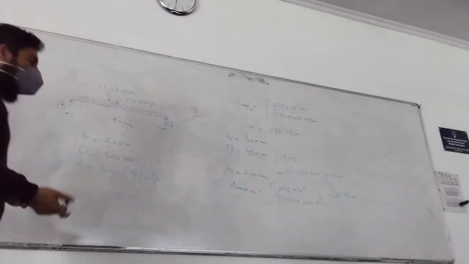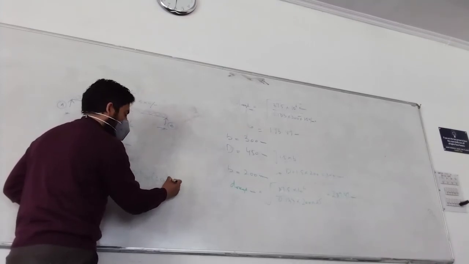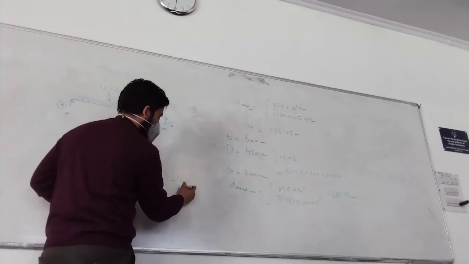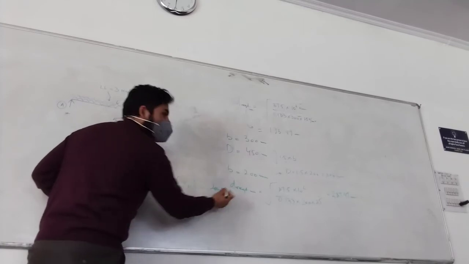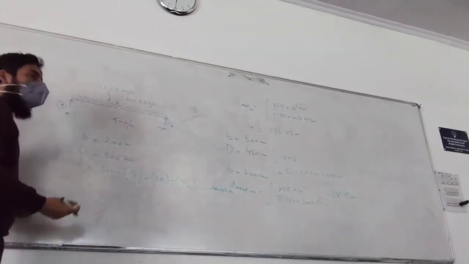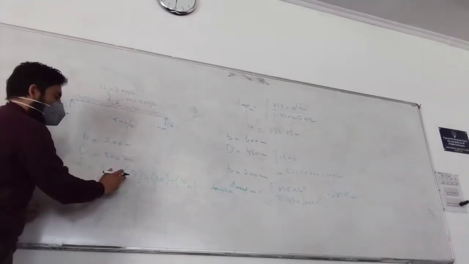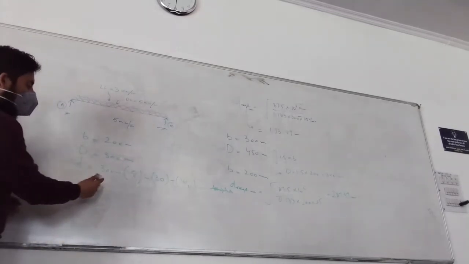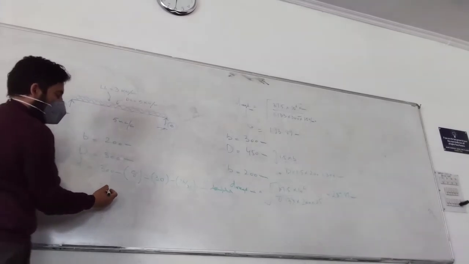But for example, designing for a mild exposure, you will just assume it here. It's 30 mm cover, and the bar diameter, for example, I am using 16 mm, so 16 by 2. This is all assumption at this stage. Design goes like this. First you assume, because you cannot do everything at once. You have to first base it on assumption. Now how much will this come? 200. Yes, quickly.